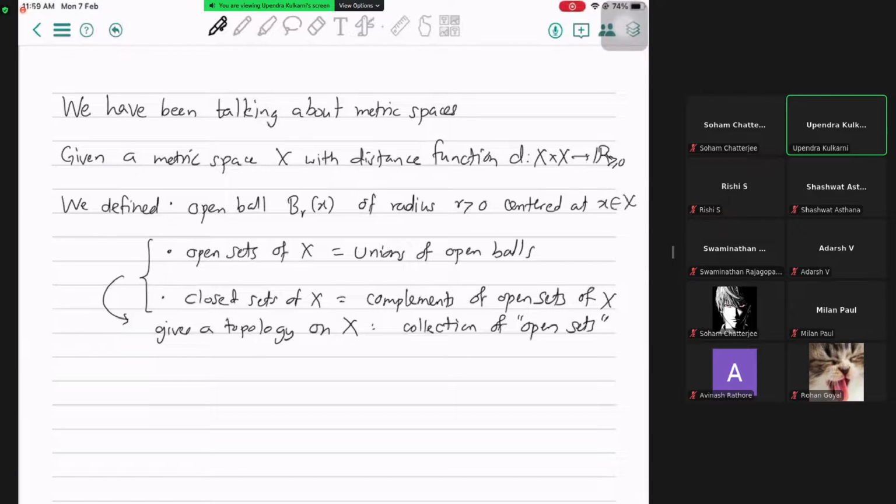I'll put it in quotation marks, a collection of open sets that is closed under unions and finite intersections. Okay, very good.